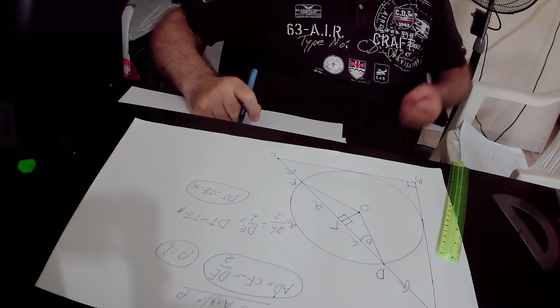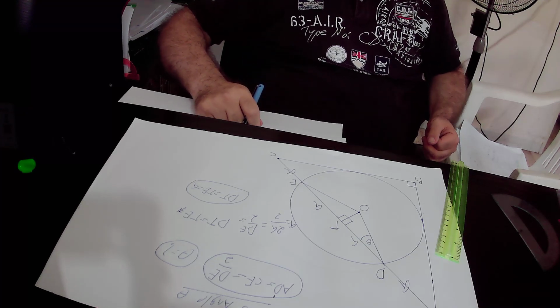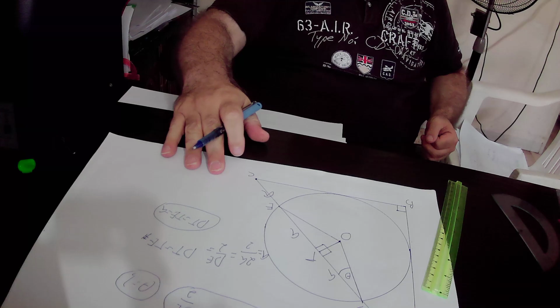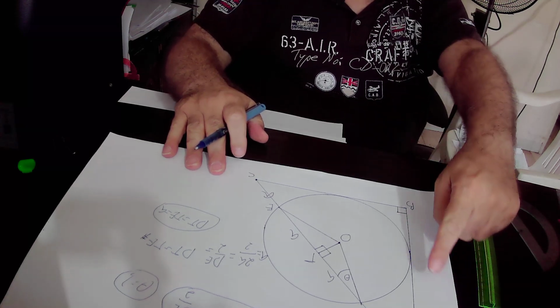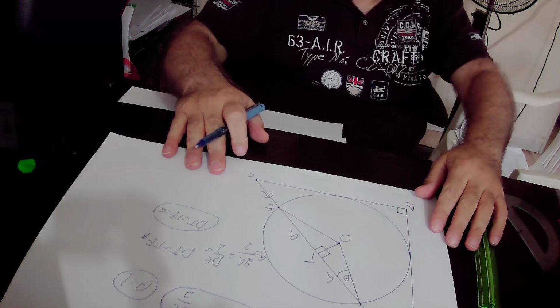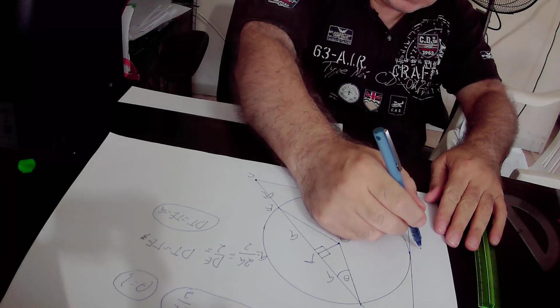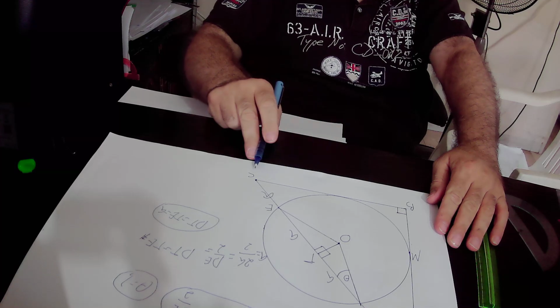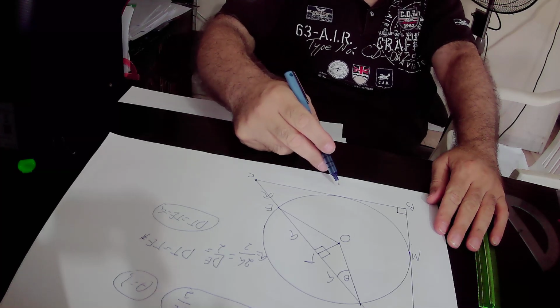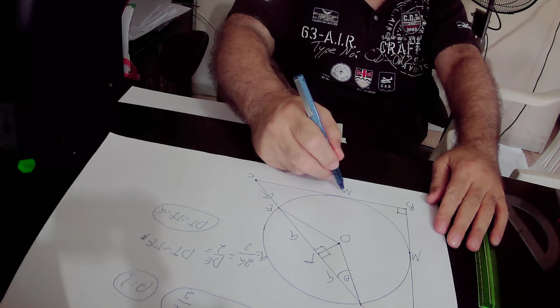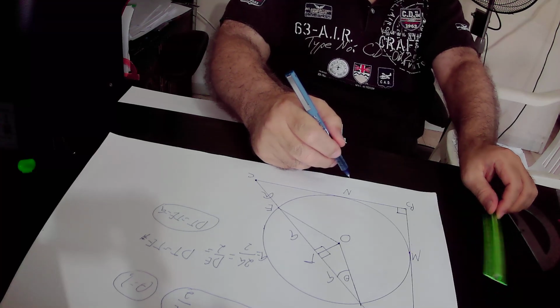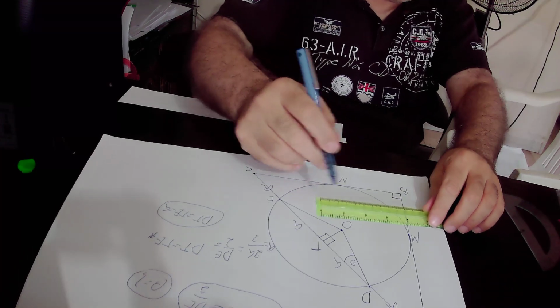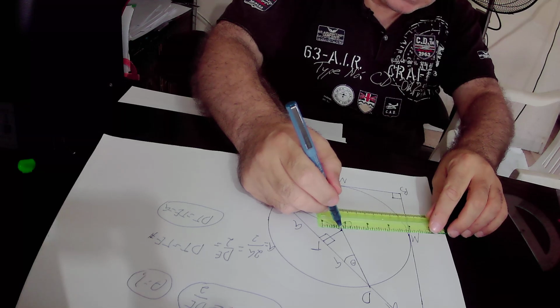Okay. In the next step, we define the point of tangency of tangent AB with this circle as M, and we define the point of tangency of tangent BC with this circle as N. We will join points O and M together by a straight line.